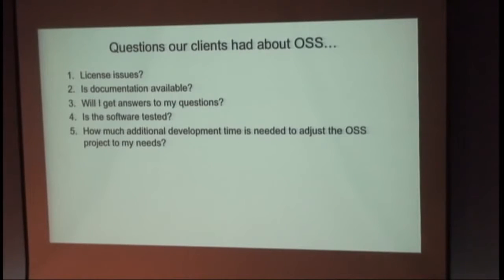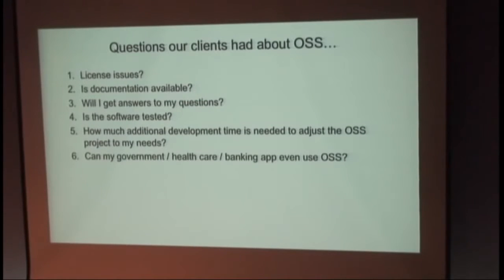With companies, corporations and clients, that was one of the big issues: I'm going to have to learn their API, and then once I learn their API, I have to add on my feature. And then finally, government, healthcare, banking applications.